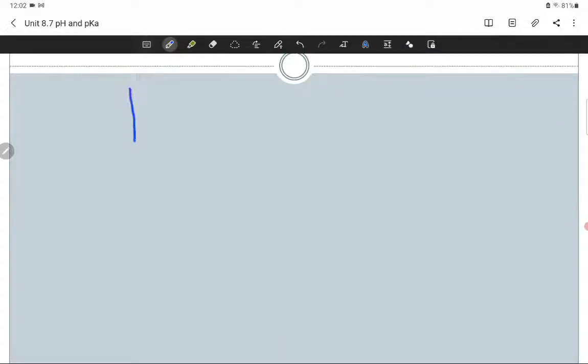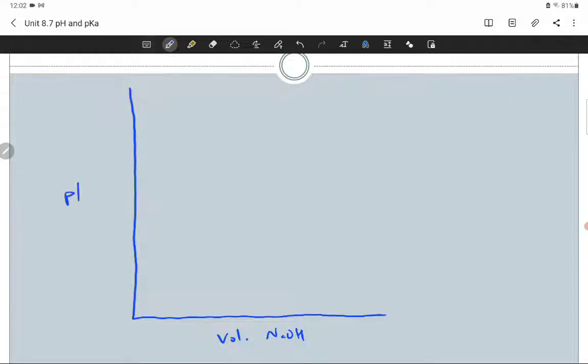Okay, so we need graph paper. We're going to add sodium hydroxide in our burette, drip, drip, drip, and over here we have pH. I guess we should label this.